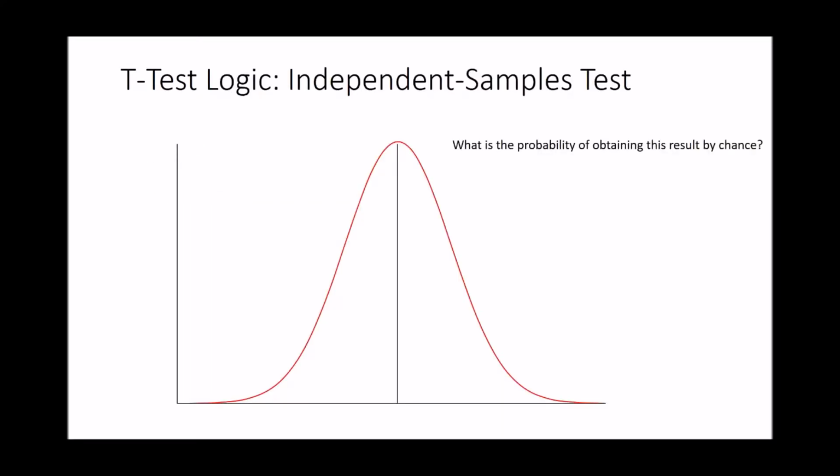So again, let's move back to the logic of this, right? So what is the probability of obtaining this result by chance? So we have our t critical value, right, which is 1.714 at our alpha level of 0.05. And then we have our t observed value, which is 2.69, which tells us that our alpha level is less than 0.05 in this situation, right?